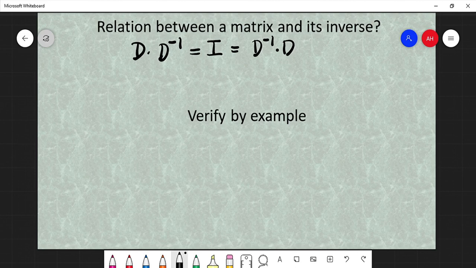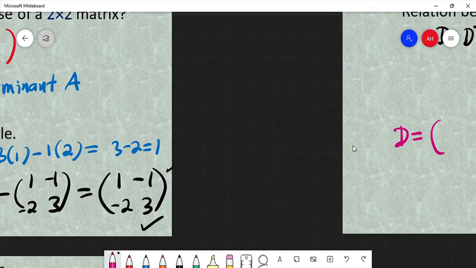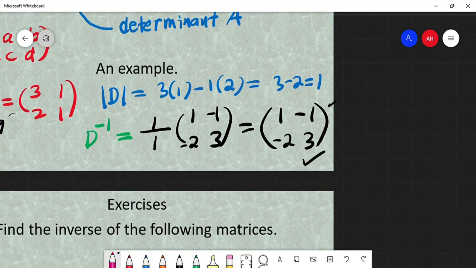Maybe we can verify this by looking at the example for D that we used just now. Let's go back and see our matrix D: 3, 1, 2, 1.